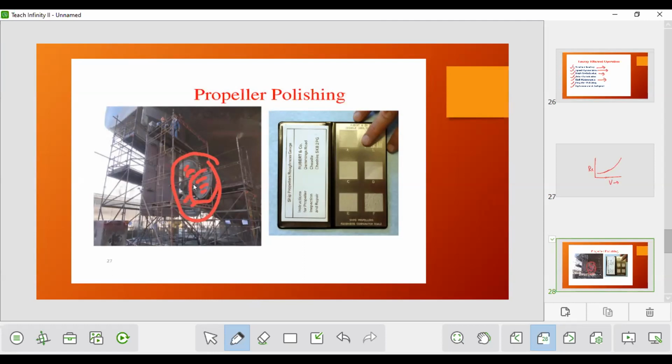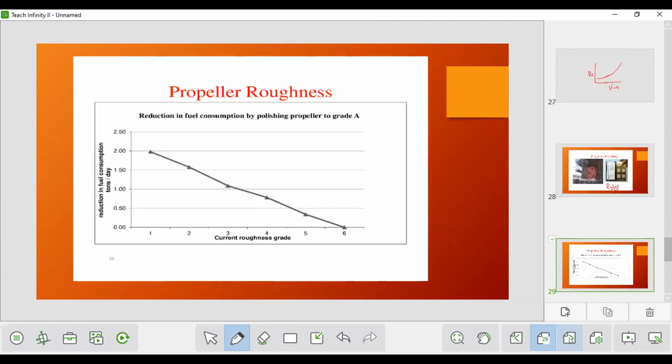So we have to check the propeller polishing level using a Ribot scale. We can use this roughness gauge and see that our propeller is polished so that propeller efficiency is good. So this is one measure during the operation stage.